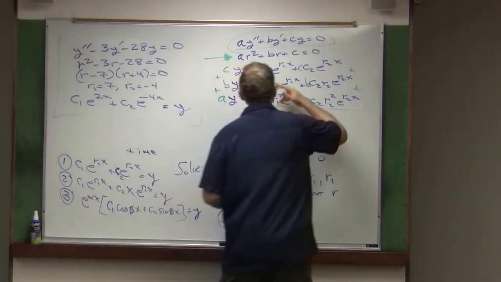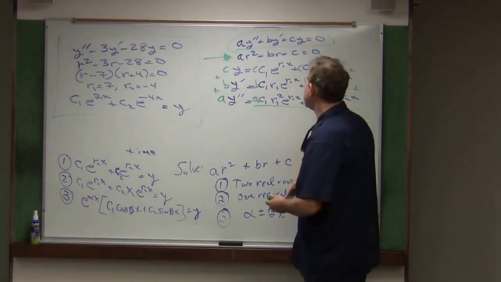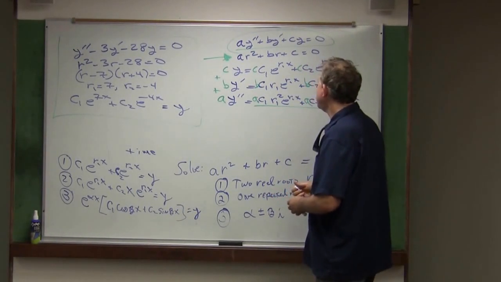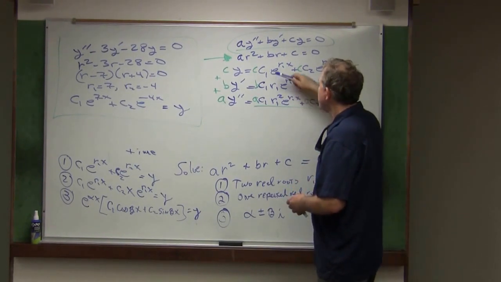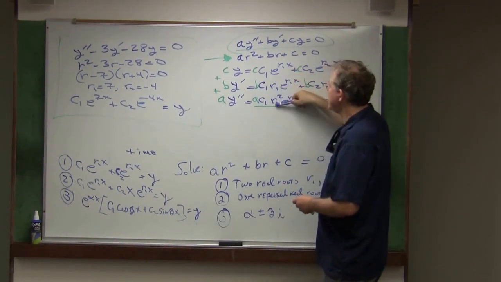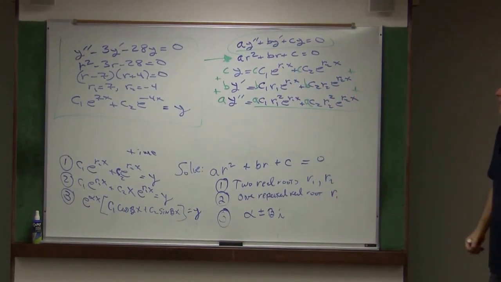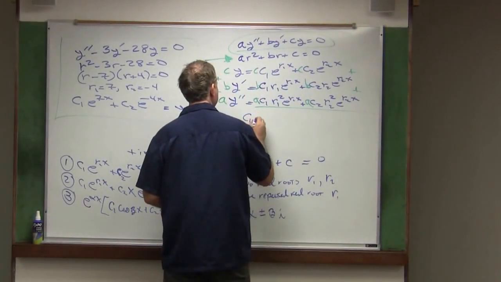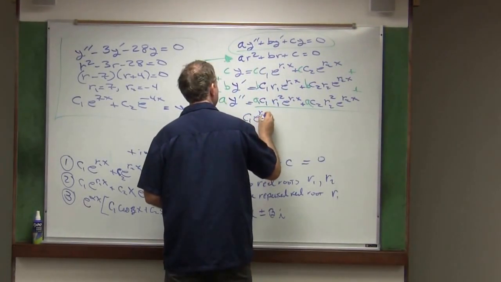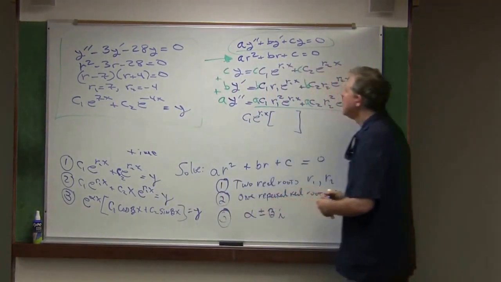So I'll just add it up by these two columns here. When I add up this first column, what is common to all three terms? What's common that I can factor out? c1 e to the r1 x. So I've got c1 e to the r1 x, and then what have I got?